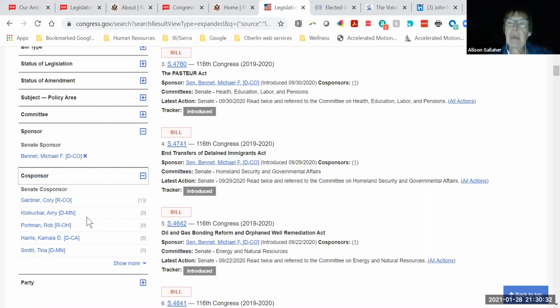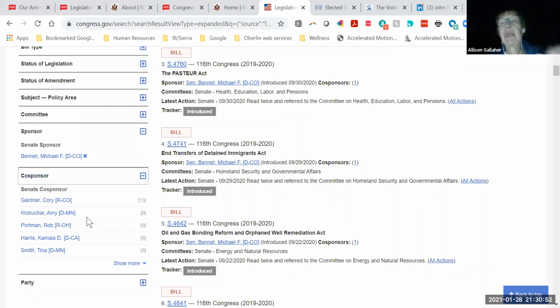The rest of these people are people who signed on as co-sponsors after he introduced it. And it starts out in descending order of how often it happened.